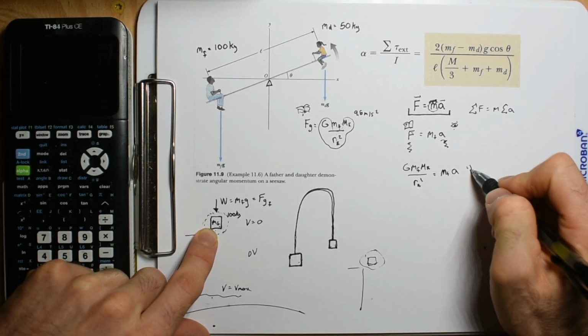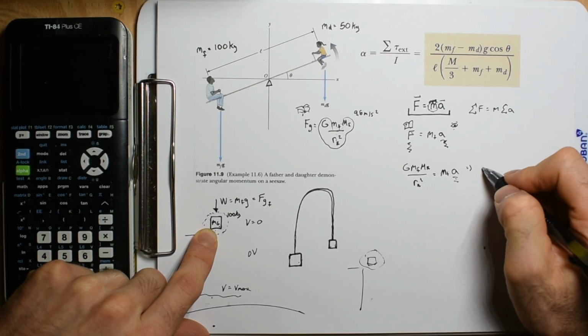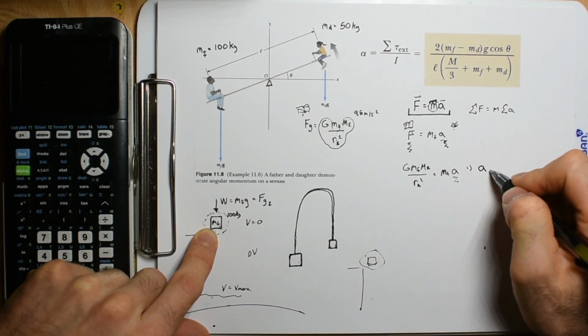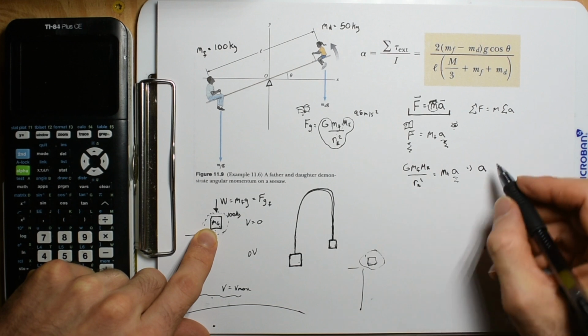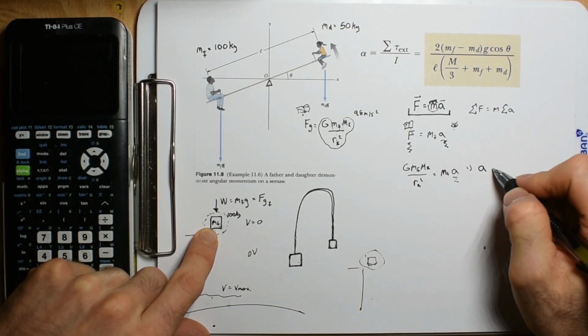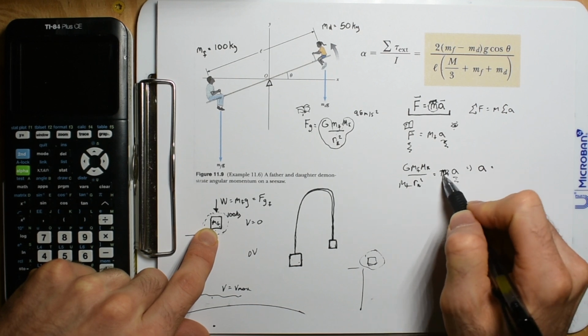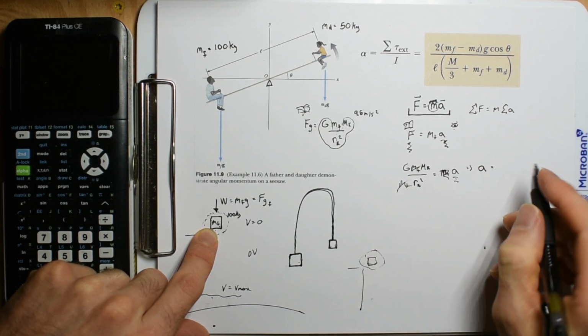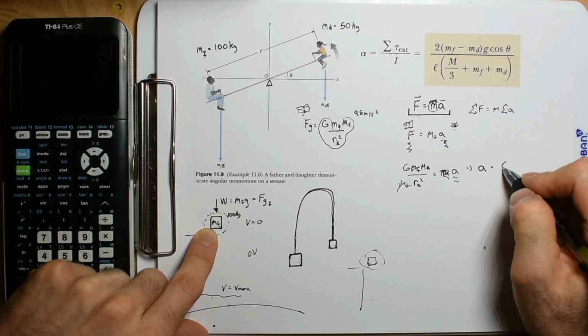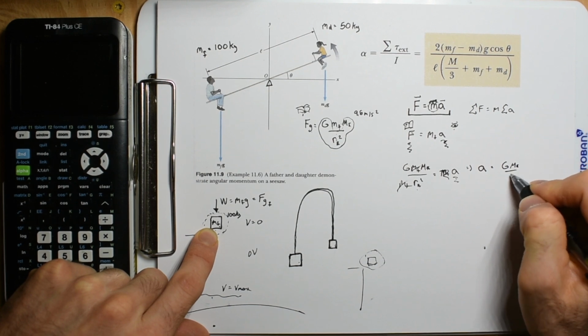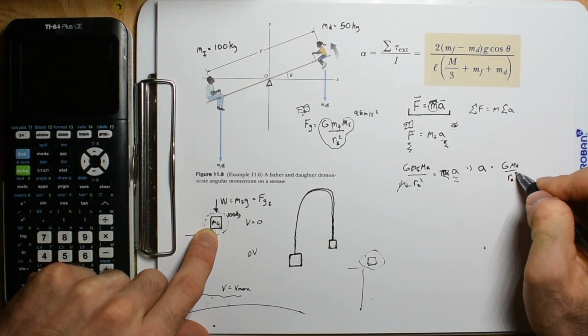So mass of the Father, acceleration. Now if we want to get acceleration as its own equation, we have acceleration, or just the acceleration at this moment, is equal to, well, you bring the mass of the Father downstairs, and then you cancel it with that. So you're just left with those three terms: gravitational constant, mass of the Earth, radius of the Earth squared.